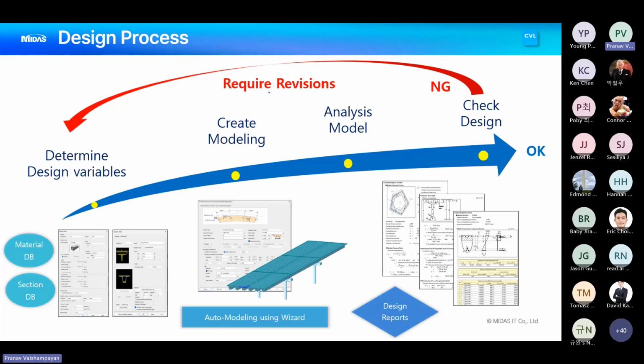In the design report, if certain members are failing, then we'll understand the parameter by which the members are failing. If you need to add more reinforcement, we'll increase the reinforcement. If you want to change the section size itself, we'll change the section size and then redo the entire process again. In this same procedure, we are going to conduct our training.